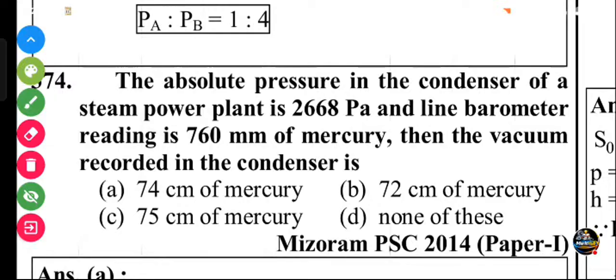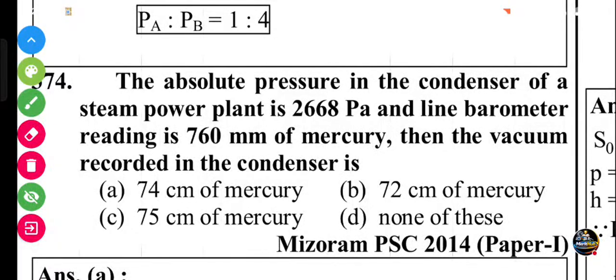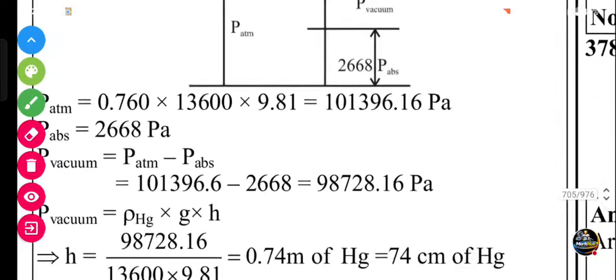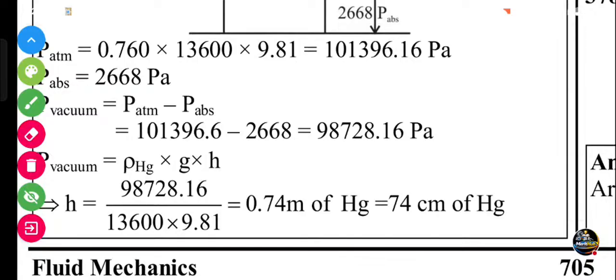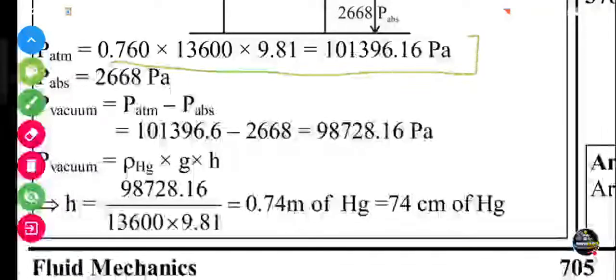The absolute pressure in the condenser of a steam power plant is 2668 pascal. The barometer reading is 760 mm of mercury. Then find the vacuum reading in the condenser. Here the standard atmospheric pressure is 101329 pascal.